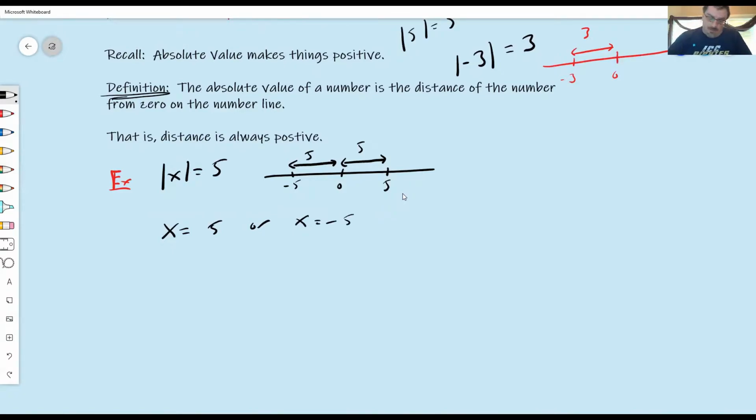And as mentioned before, what's on the inside doesn't really matter. So you could summarize this as: if the absolute value of whatever is on the inside equals some letter c, that means its distance from 0 is plus c and minus c.